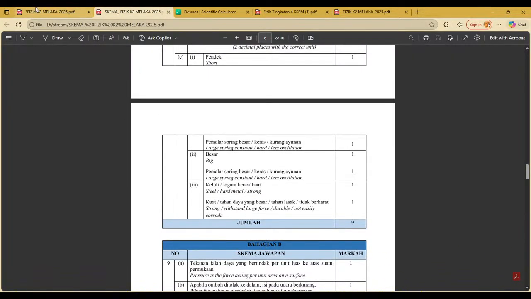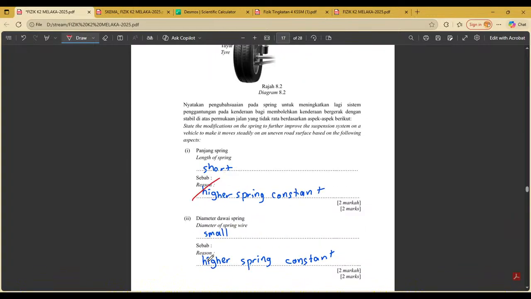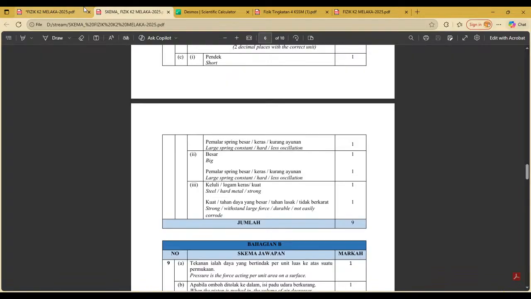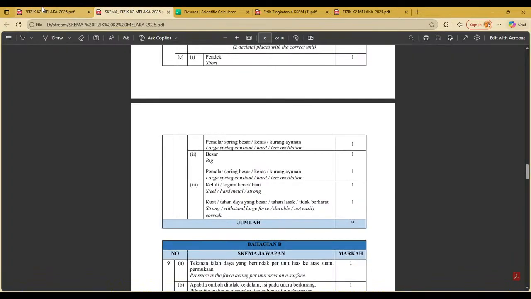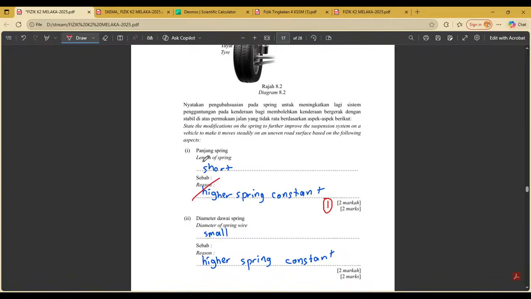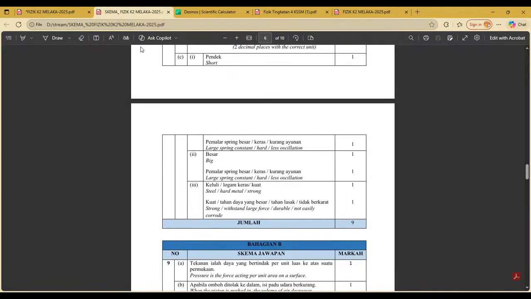Spring length short, so higher spring constant, 1. Diameter, short is right, okay. But the diameter is wrong, it needs to be big because higher spring constant.